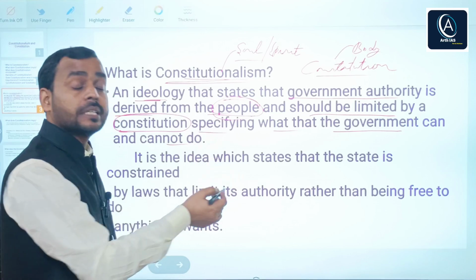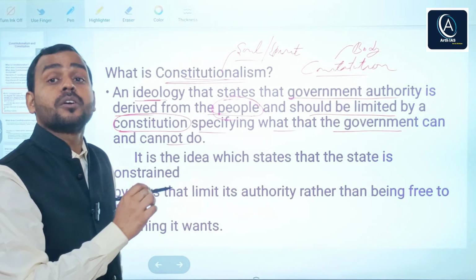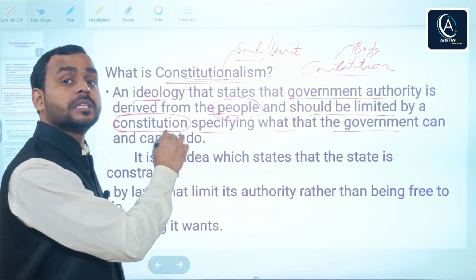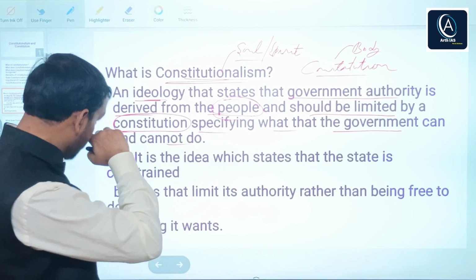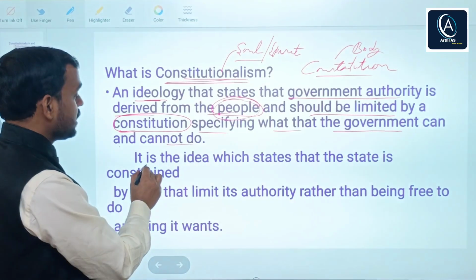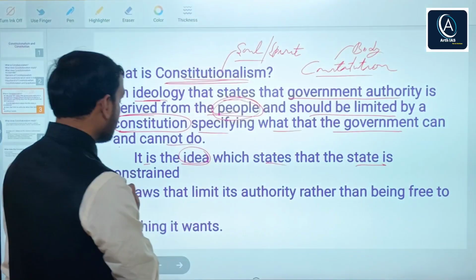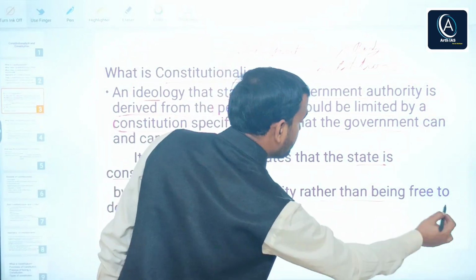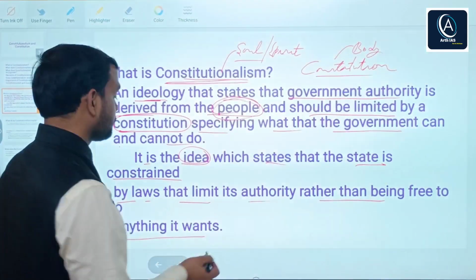What a government can or cannot do is defined by the constitution, and how a constitution is framed, it is framed on the basis of the elements of constitutionalism. So this is the basic definition. You can also say it is an idea which states that the state is constrained by laws that limit its authority rather than being free to do anything it wants.